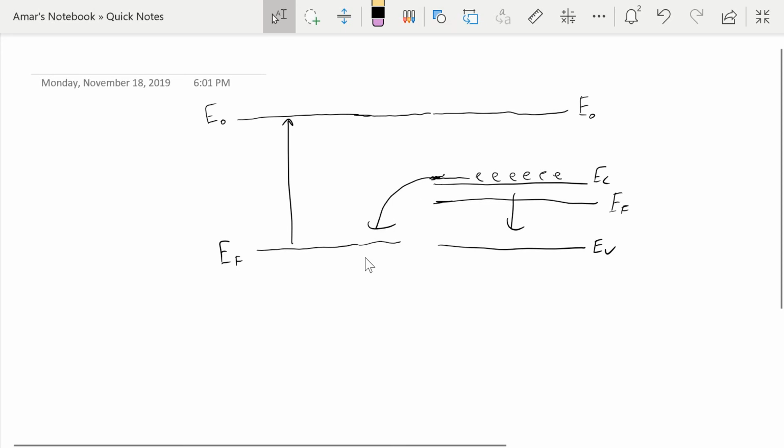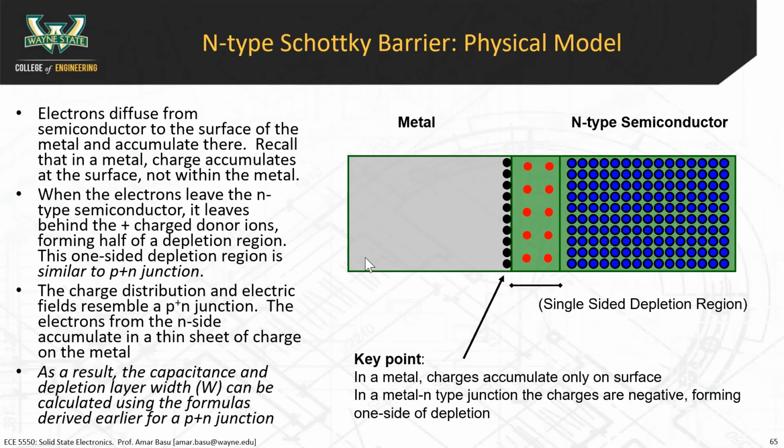So there's a very small transient where the electrons are depositing themselves on the metal surface like this. And so this charge accumulates on the surface here. These black circles are electrons that were deposited on the surface of the metal by the N-type semiconductor.